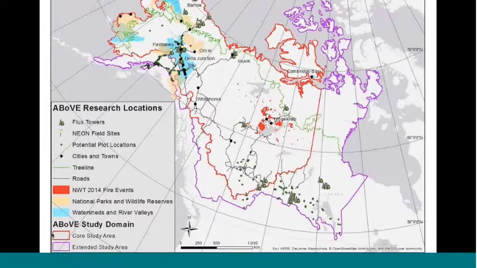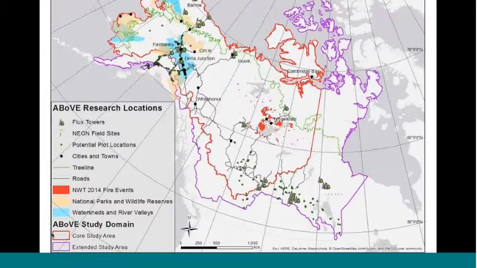So this is where the focus of activity will be, but of course all the effort is in terms of linking field measurements with remote sensing so that we can develop algorithms that map over much larger areas. So, you know, taking it to a circumarctic scale. And the same is true with models.